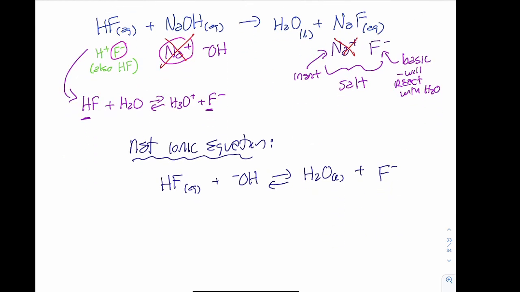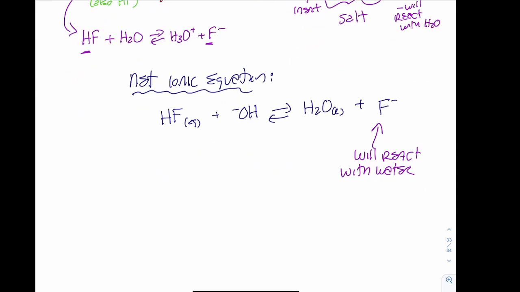So back to this again. F minus will react with water, and we're going to draw that. I'm writing a base dissociation equilibrium equation here.